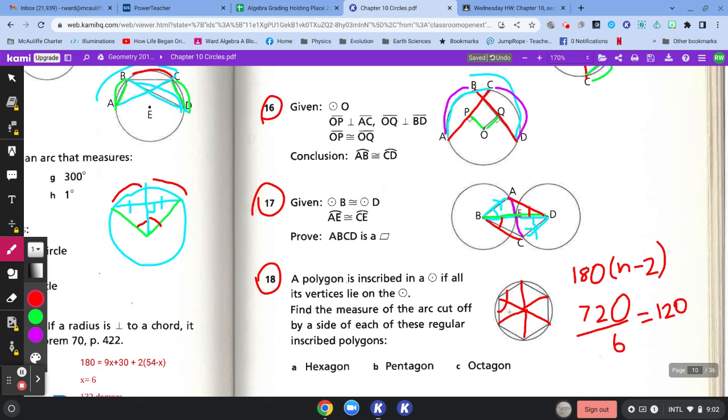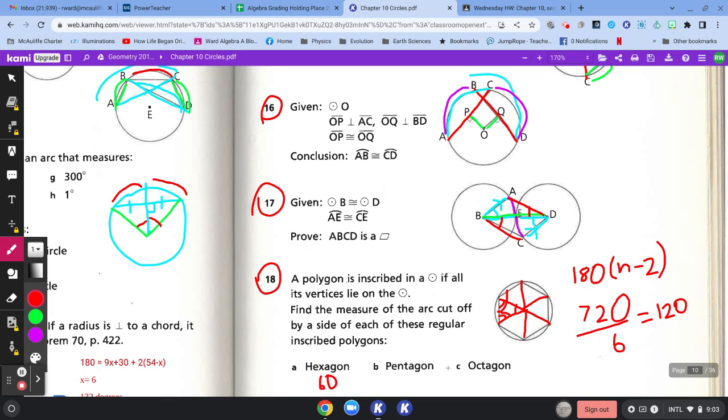And since it's a regular hexagon, this angle is 60, this angle is 60, and this angle is also 60. So we can use those interior angles to find the central angles. The measure of the arc is going to be the same as the central angle, and that central angle is 60 degrees. So the arc is 60 degrees for the hexagon.